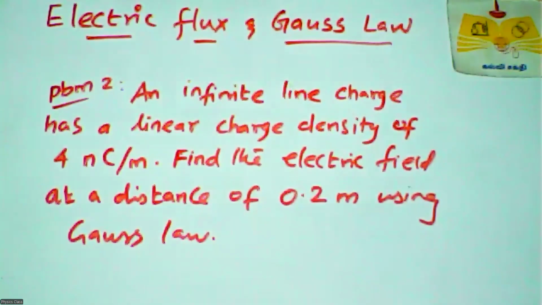An infinite line charge has a linear charge density, denoted by lambda, 4 nanocoulomb per meter.